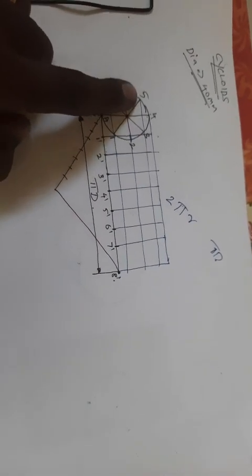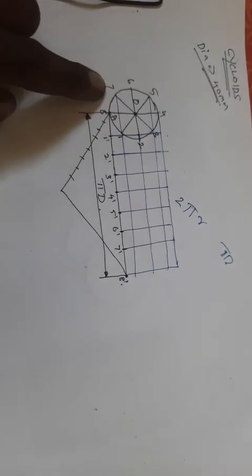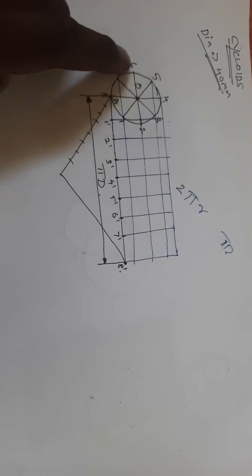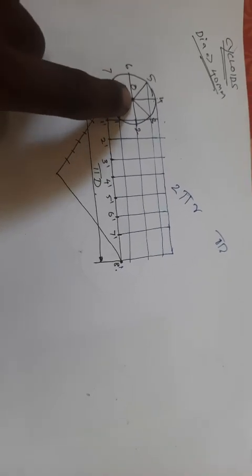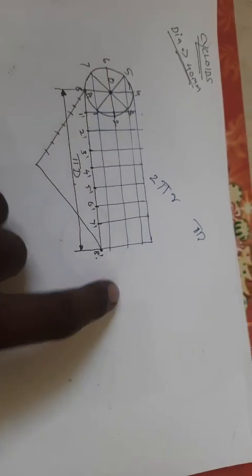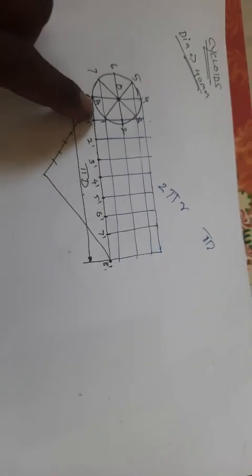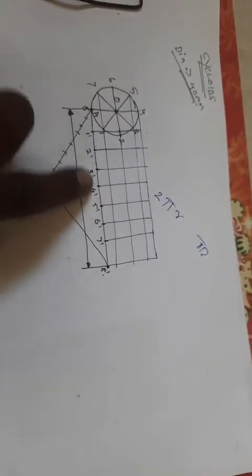The 5th line connects your point 3, the 6th line connects your point 2, the 7th line connects your point 1, right? And the lines 6 and 2 have the circle center. This line also connects the center of the circle, and name it as O, right? This is your center line and this is your base line.